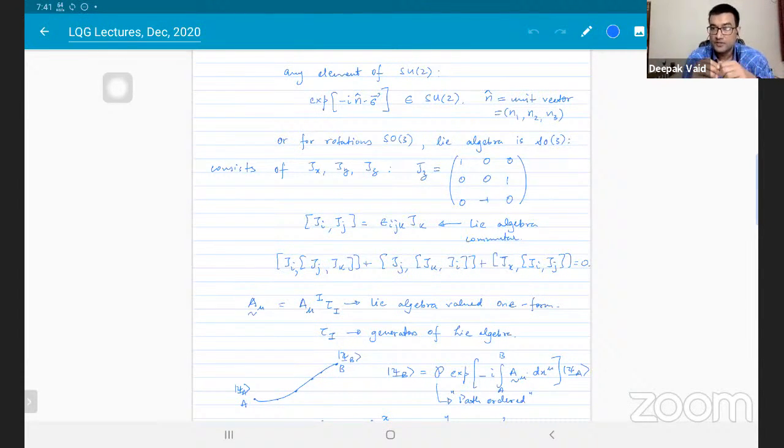So if you have that non-commutativity, you have this non-abelian character. Curvature is a measure of this non-abelian behavior of geometry or of things living on that geometry.